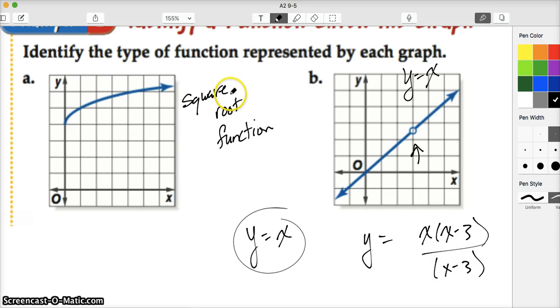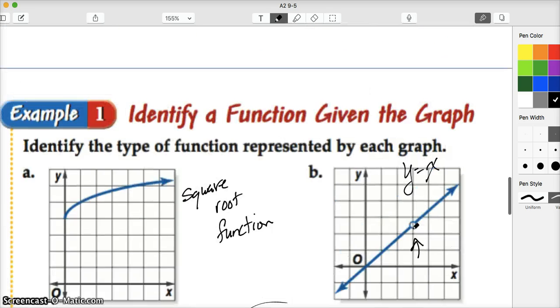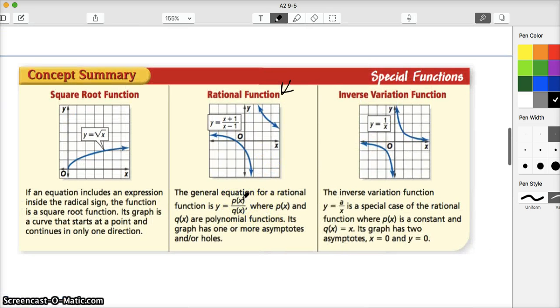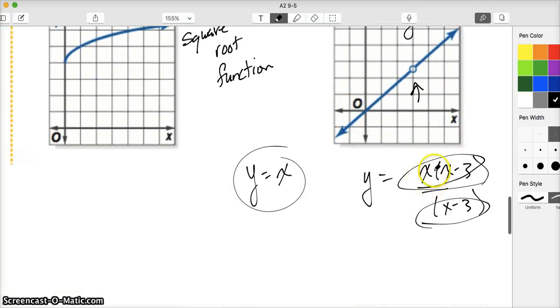Here we have definitely a rational function because there is a function at the top and a function at the bottom, which they told us would be the case when I have a rational function. So p of x over q of x. And then I have this thing that cancels out to give me something that looks like y equals x, but it's not. That's why I was kind of tripping y'all.